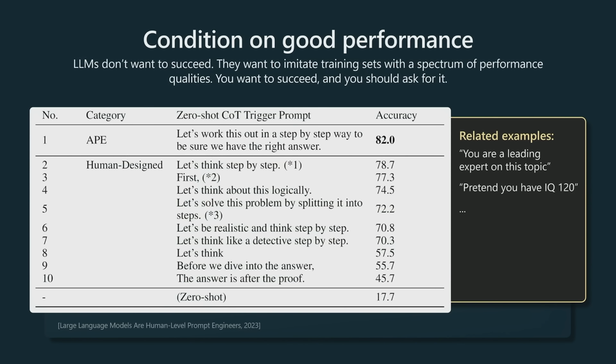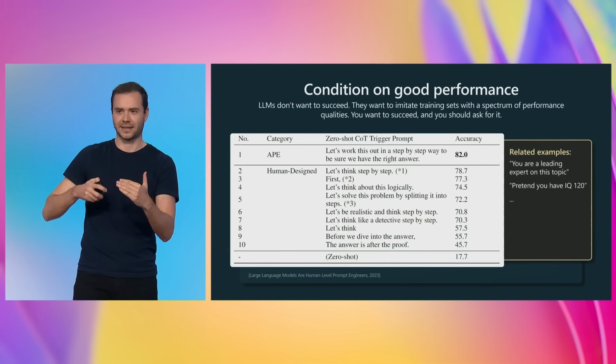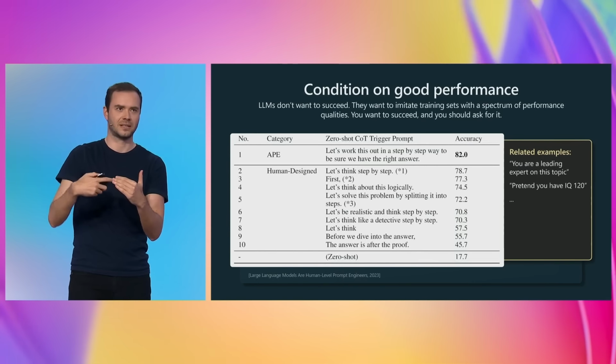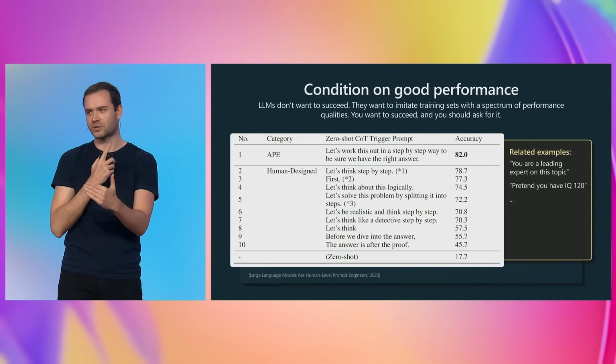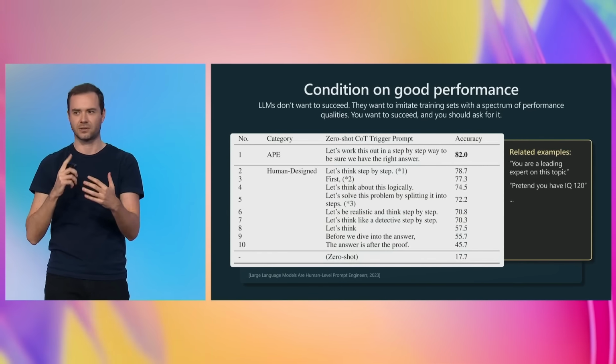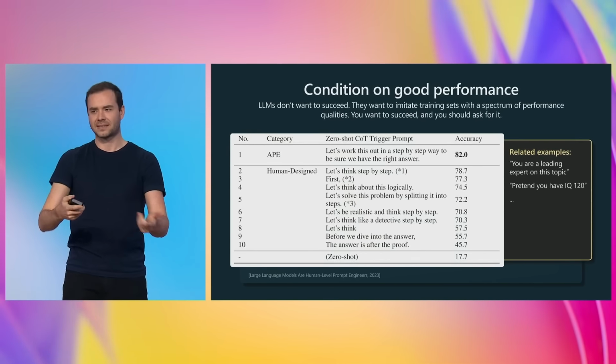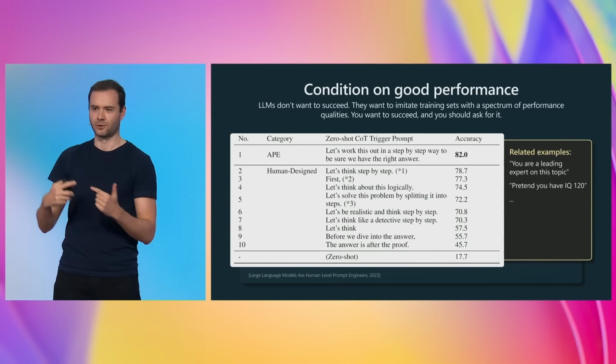So for example, there could be some kind of a prompt for some physics question or something like that. And there could be a student solution that is completely wrong. But there can also be an expert answer that is extremely right. And transformers can't tell the difference between, like, they know about low-quality solutions and high-quality solutions. But by default, they want to imitate all of it because they're just trained on language modeling. And so at test time, you actually have to ask for a good performance.